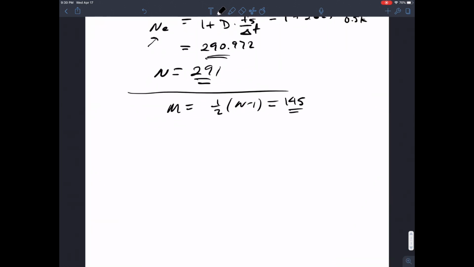Okay, so then you can write down a MATLAB-like expression. Let me get started with a variable, a vector, K from 0 to 291. Sorry, that's actually to 290, okay, because that would give you 291 terms, right?